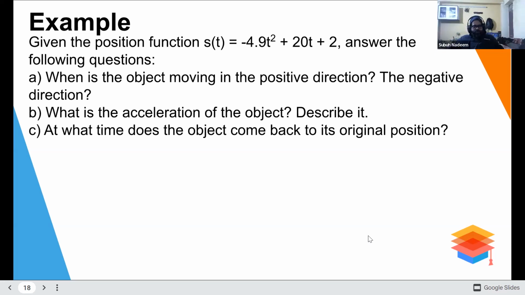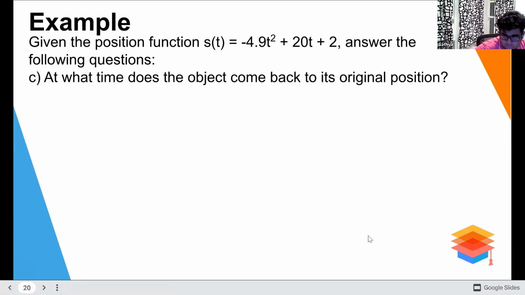There is another method also. And C, I think, will be just times two of whatever we get in the first one. Yes, when you get the time in the first one, equate it to 0 and double it. The time of going and time of coming is the same. Okay, sure.